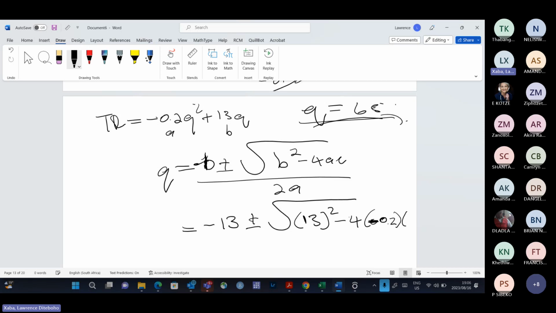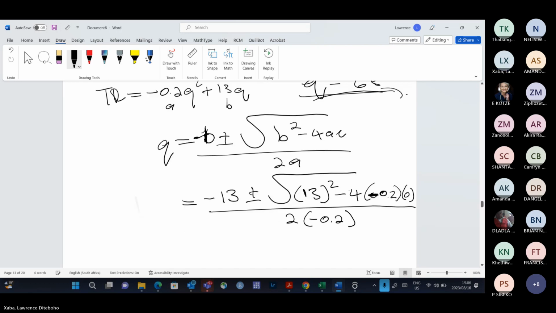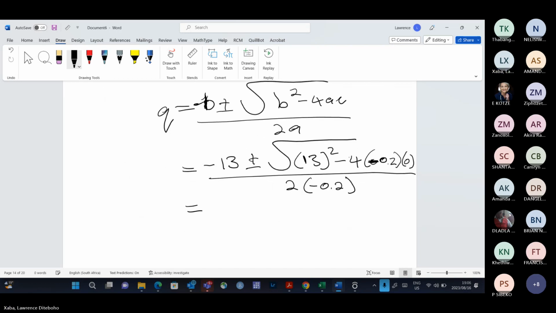We have c, which is 0 in this case. Then below we have 2 times negative 0.2. Then we go down. We still have negative 13 plus or minus, and this part is going to fall off because of the 0 there. Then we end up having 13 squared.